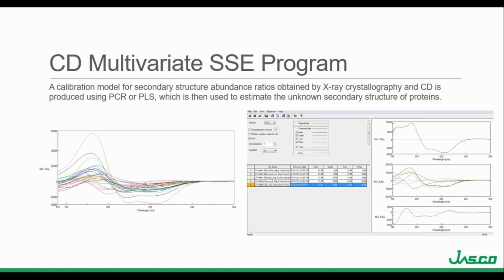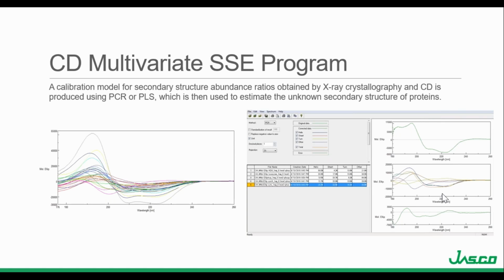So the figure on the left here shows the reference set template of our CD spectra using the multivariate secondary structure estimation program, and it consists of 26 reference proteins. And then the figure on the right is the actual secondary structure estimation program. On the right top here, we have the unknown measured CD spectrum.